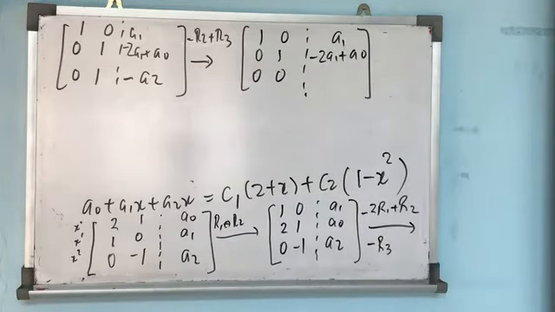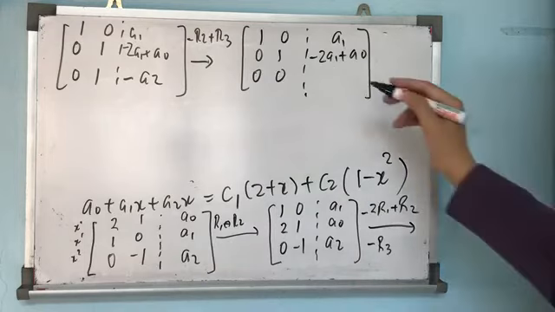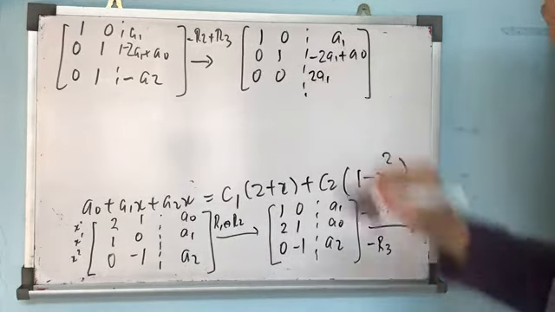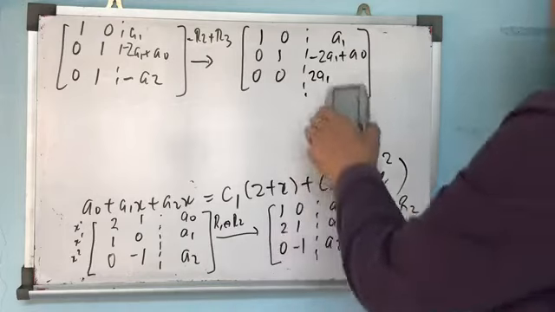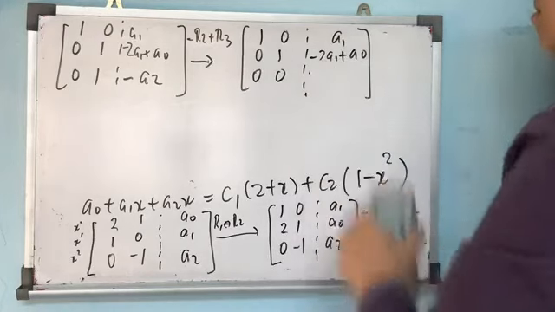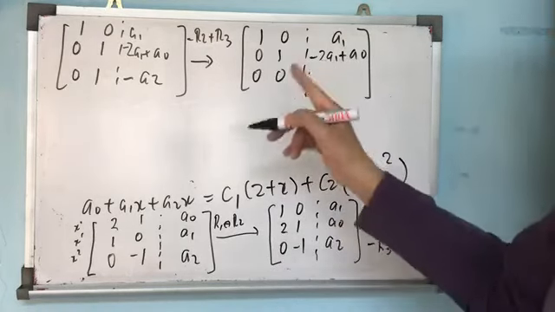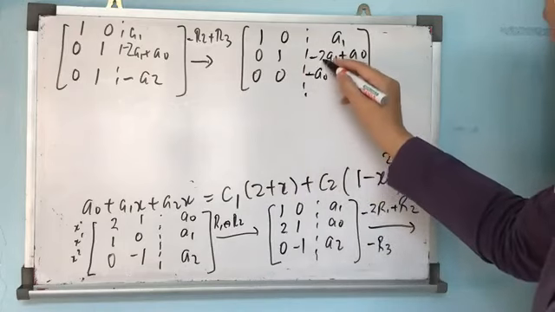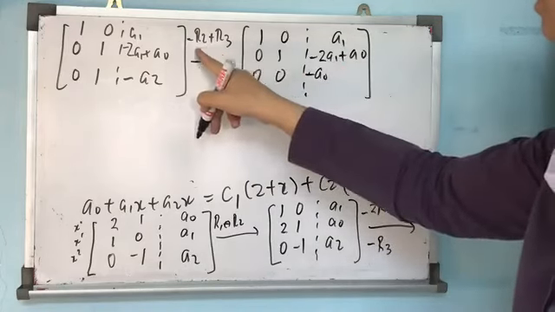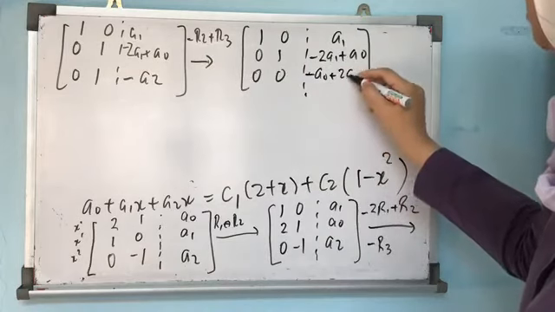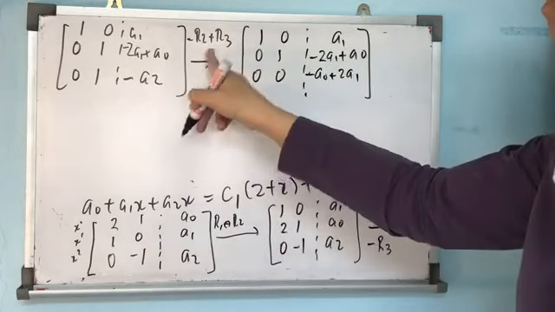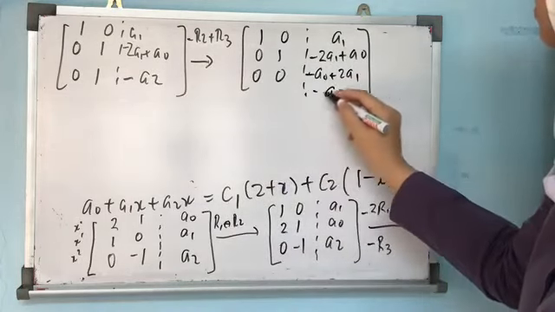Negative R2 plus R3, so you start with a0, negative R2, negative a0 plus 2a1 minus a2.